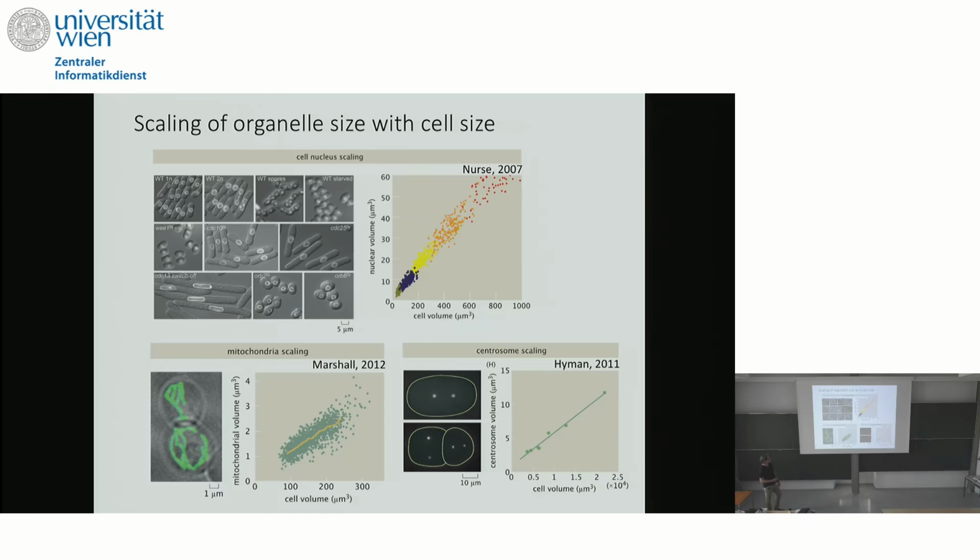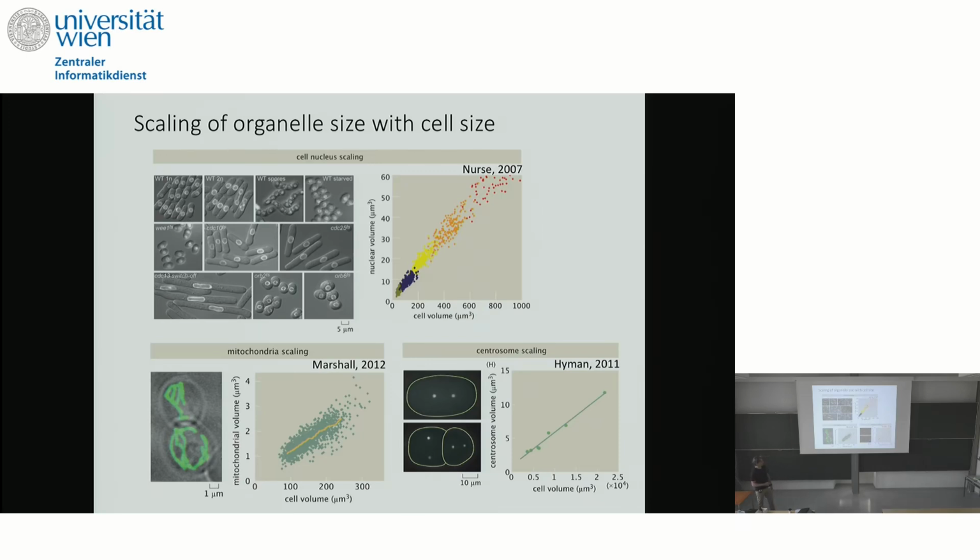Similarly, one sees that kind of scaling, this is Wallace Marshall's work, when looking at mitochondria, again in budding yeast. There's a mitochondrial network, labeled in their experiments with a fluorescent protein within the mitochondria. They measure the total volume of this network and see a very rough, very noisy scaling with the cell volume.